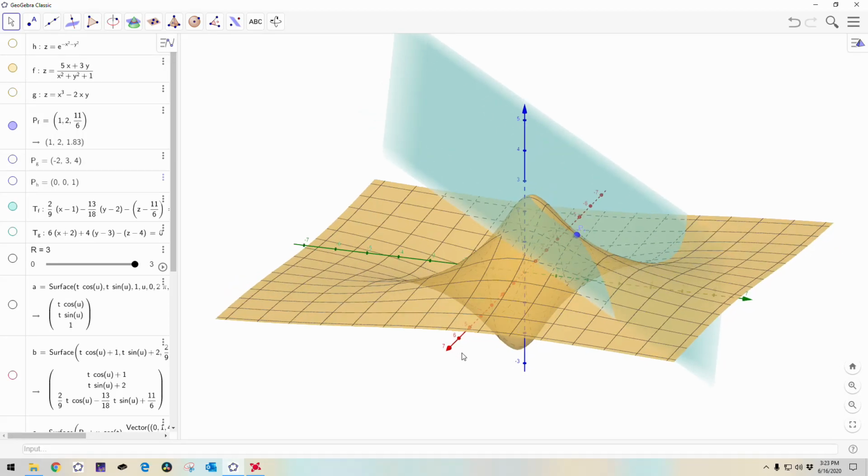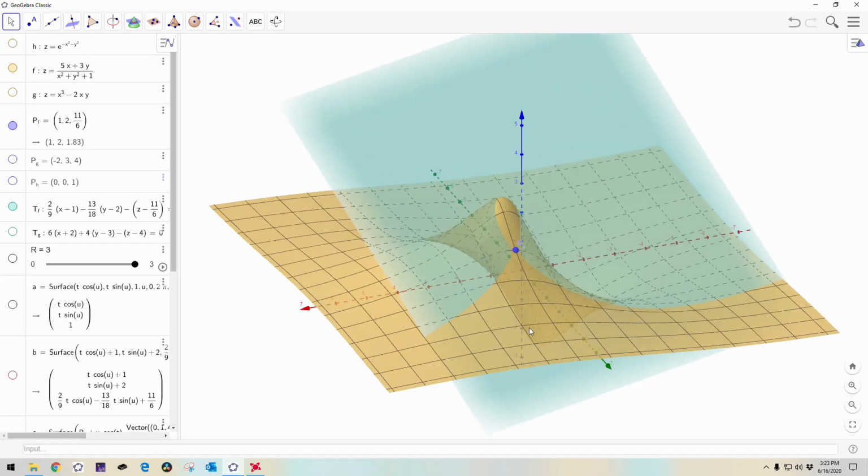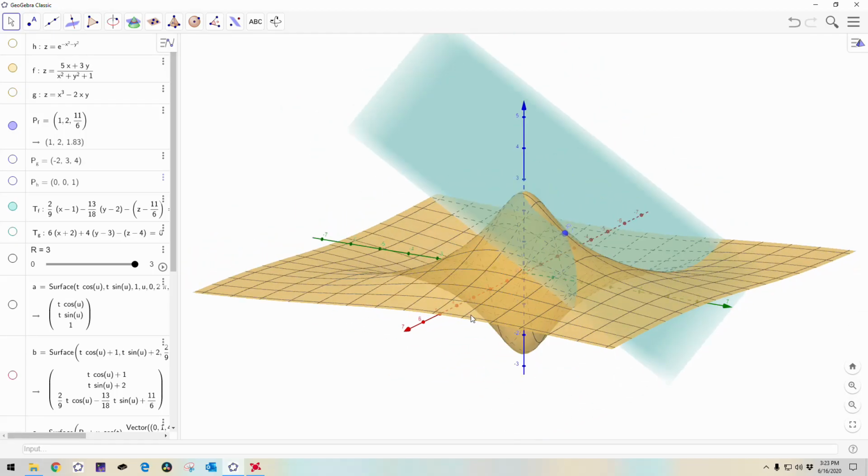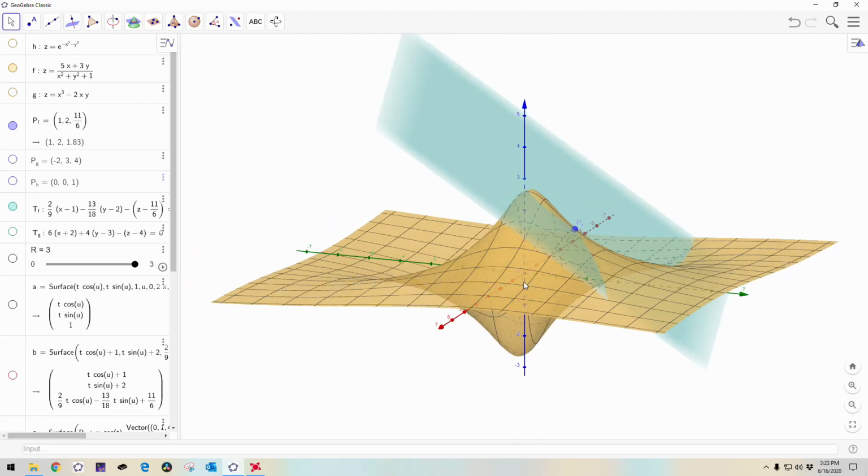But since the plane is, of course, so generic and big, you can see it actually cuts into the function elsewhere. But don't forget, the part of the tangent plane that we're truly interested in is only the part that's really close to the point anyway. This is the tangent plane in its entirety, but we would much rather see this kind of thing like this.